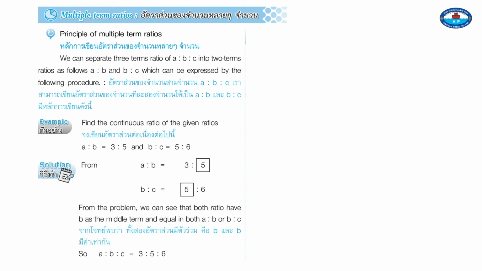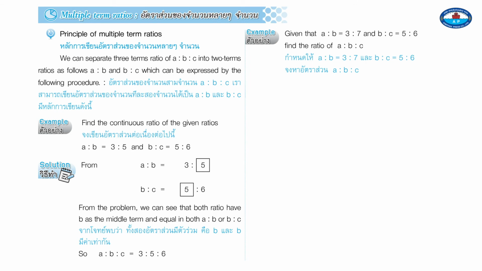Solution: from A:B equals 3:5 and B:C equals 5:6, we can see that both ratios have B as the middle term and it is equal in both A:B and B:C. So, A:B:C equals 3:5:6.